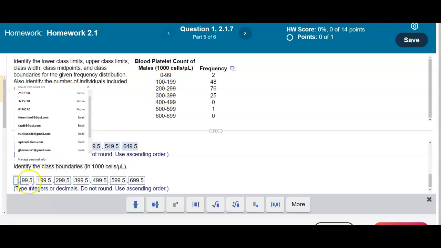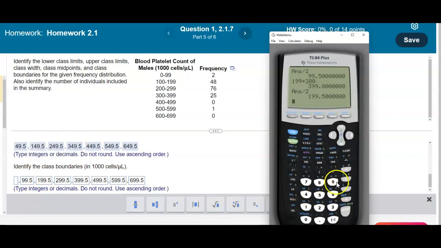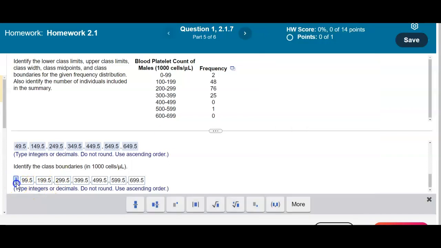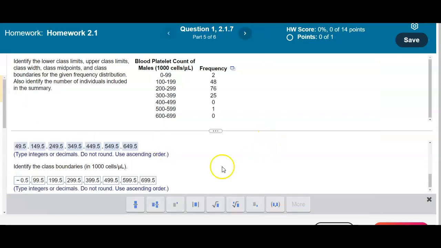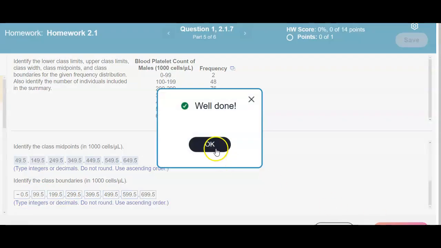So we're going to take 99.5, and then subtract 100. And we get negative 0.5. So that means here we're going to get negative 0.5 as our lower class boundary, which is the lowest one. Let's check our answer, and there's our result.